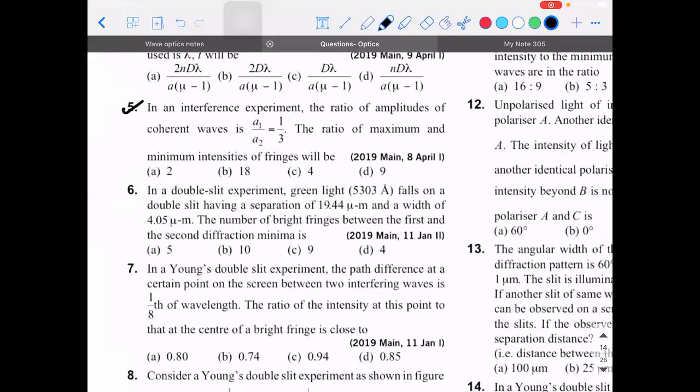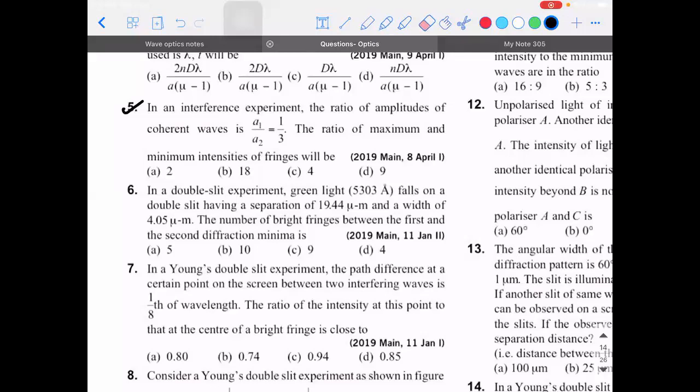In an interference experiment, the ratio of amplitudes of the coherent waves is A1 by A2 is equal to 1:3. The ratio of maximum and minimum intensities is? It is similar to the third problem.